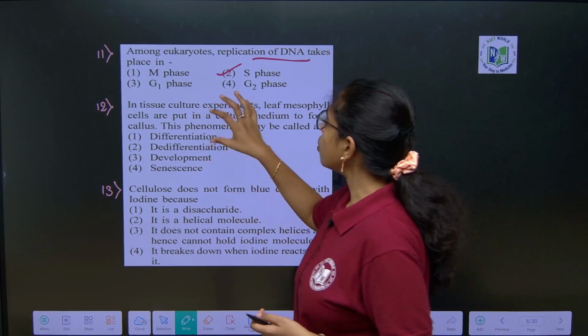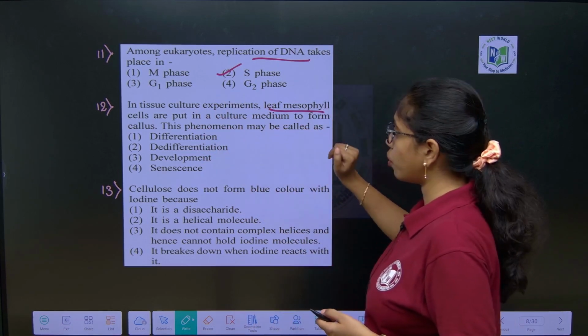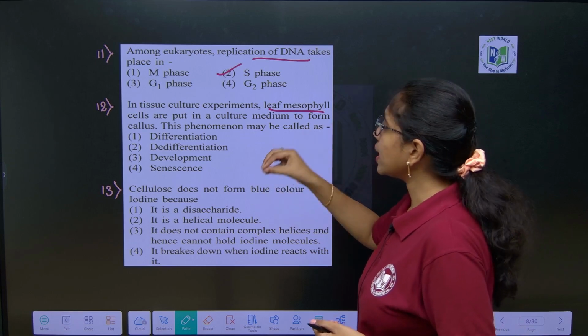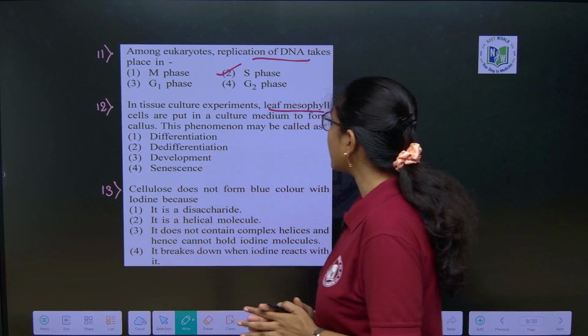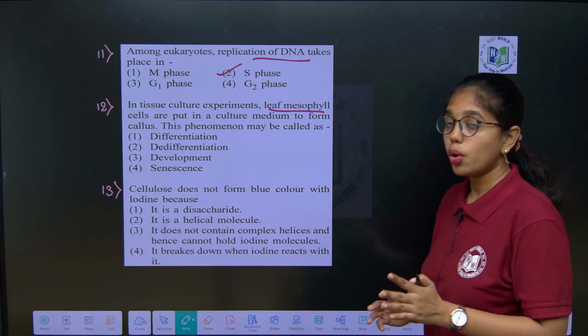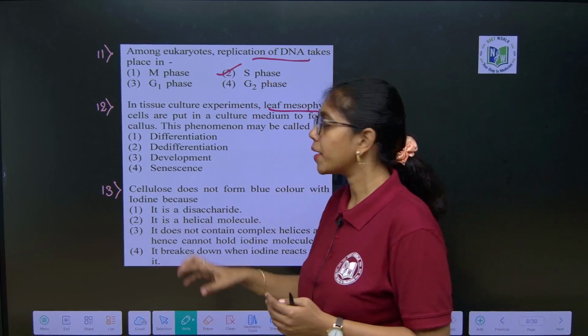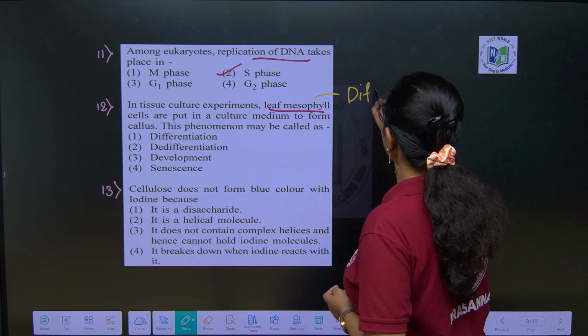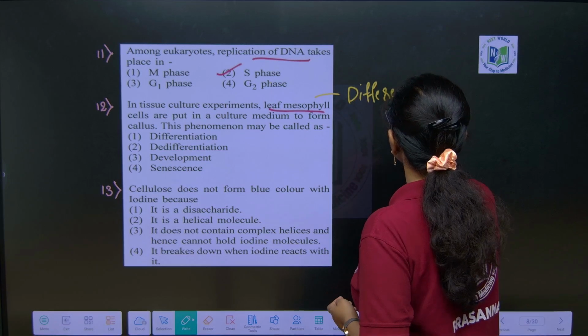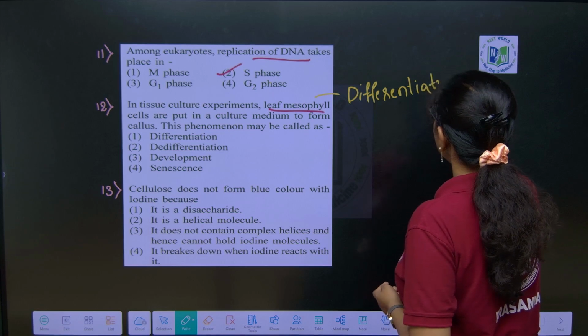Next, in tissue culture experiments, leaf mesophyll cells are put in the culture medium to form the callus. This phenomenon may be called as what? So in tissue culture, what is happening? Leaf mesophyll is a differentiated tissue, right?